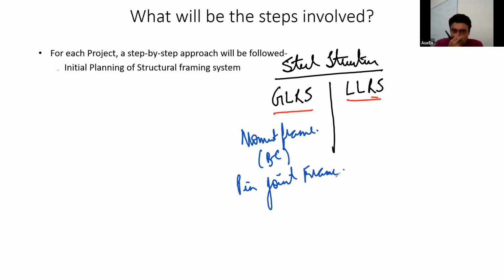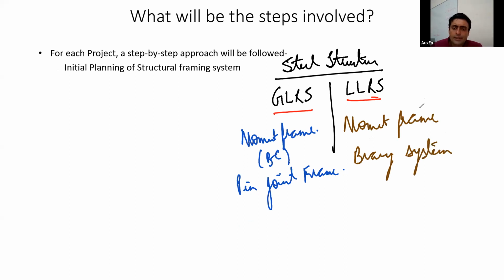Then you can have some truss systems. We'll be talking more on all these things later on. I'll talk about truss later, so I'm not including it over here. And in steel, to take care of lateral loads, mostly it will be either a moment frame, or a bracing system, as Rahil is saying.